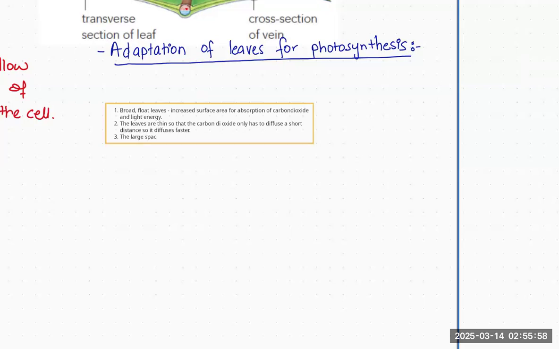Then there are many stomata on the lower epidermis to allow for gas exchange.